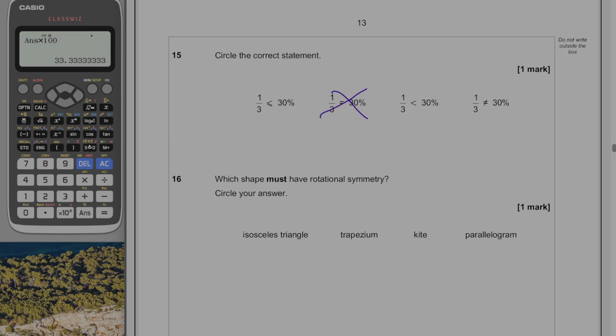So a third is less than, it's greater than. So that's the only correct statement. And I think that's quite a little bit tricky, because initially I hadn't looked at it in a lot of detail. I assumed that these were opposite sides of an inequality, but they both say a third is less than or equal to, or a third is less than. So they're both incorrect. So that's the only correct statement.